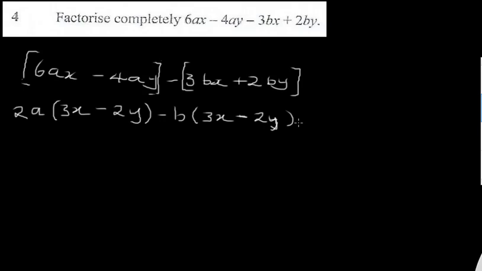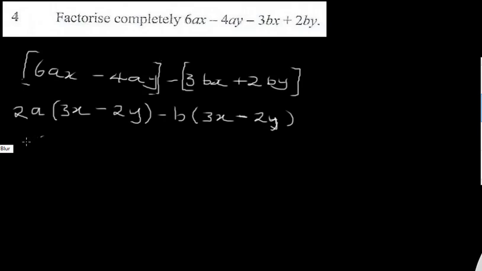Are we done? Well, let's critically analyze what we have now. You find that this part and that part are the same. The values in the brackets are the same on both sides that have been factorized. So if these two are the same, then we can factorize what's outside.